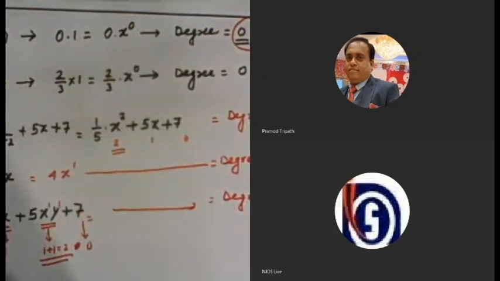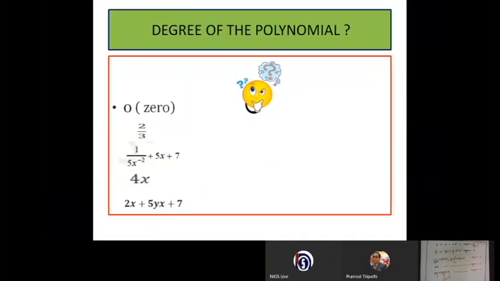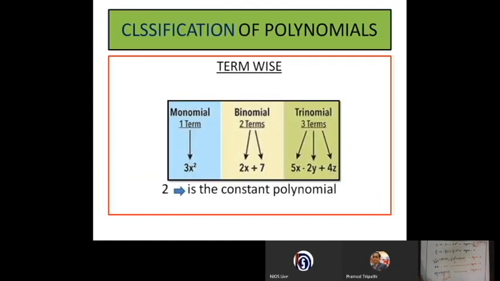I will discuss it after some time. Now we move to the classification of polynomials.